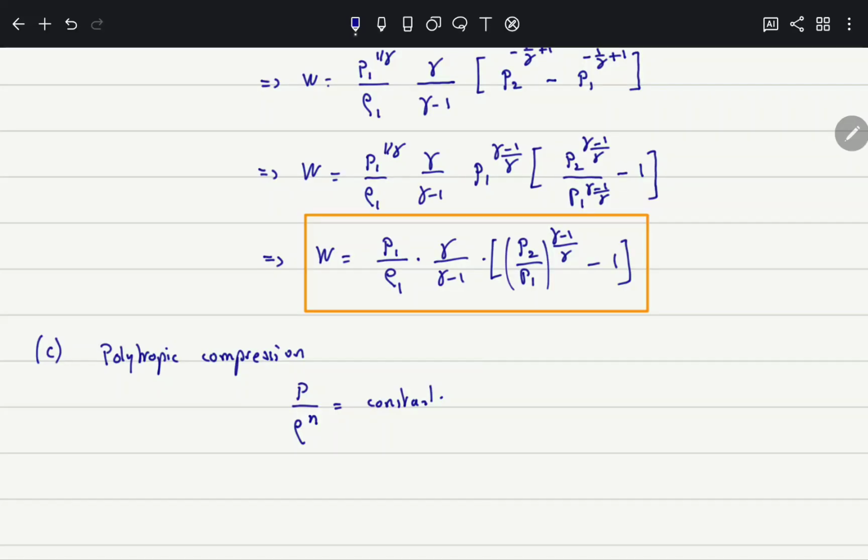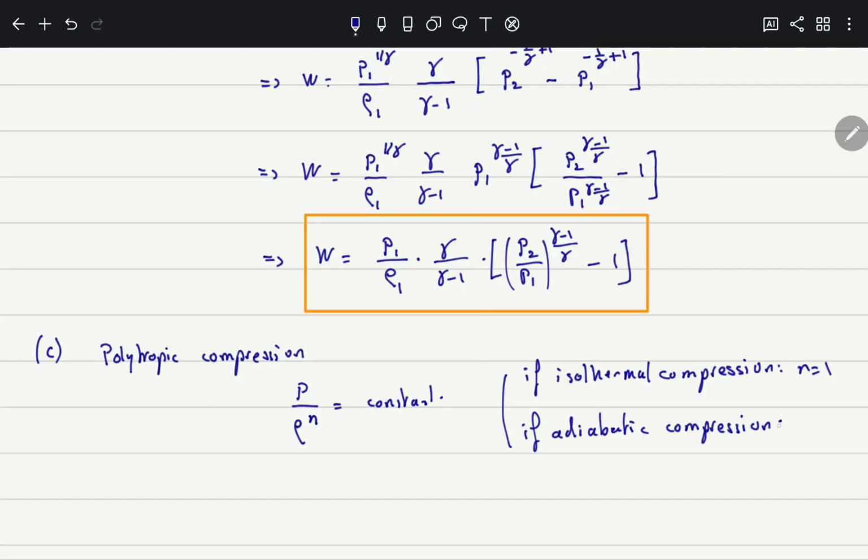And you will note that if you have an isothermal compression, then you will have n equals 1. And if you have an adiabatic compression, then you will have n equals gamma.